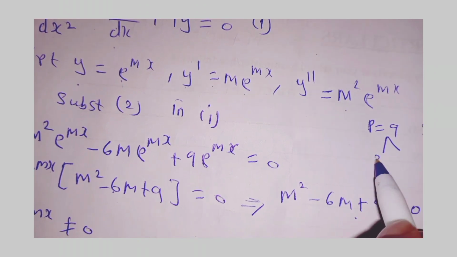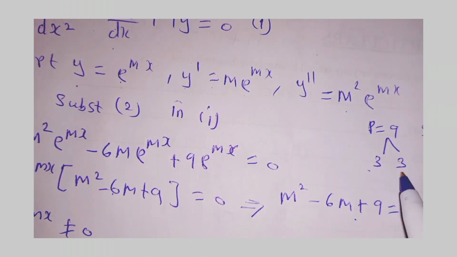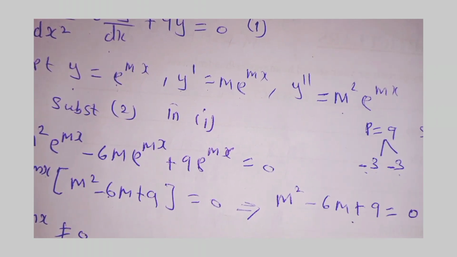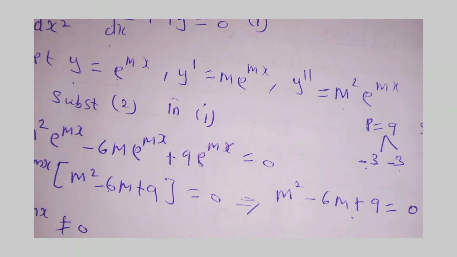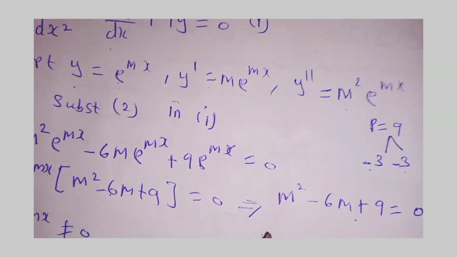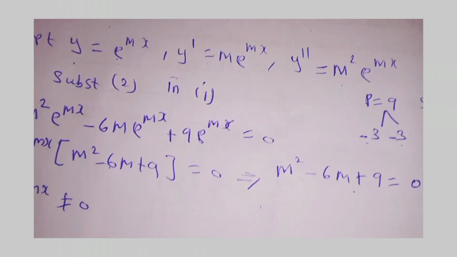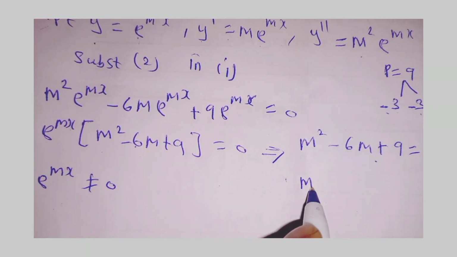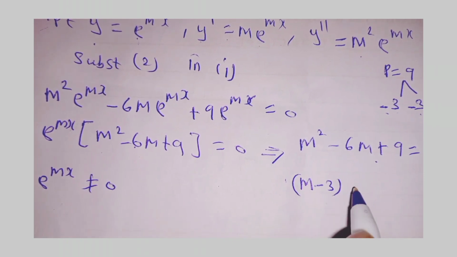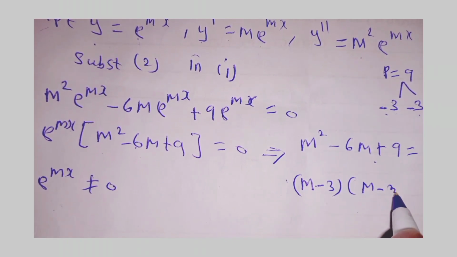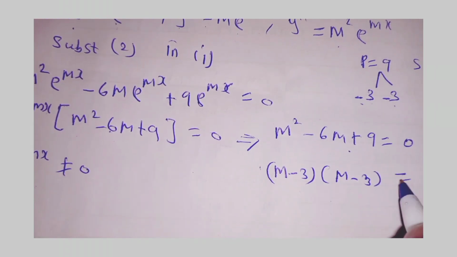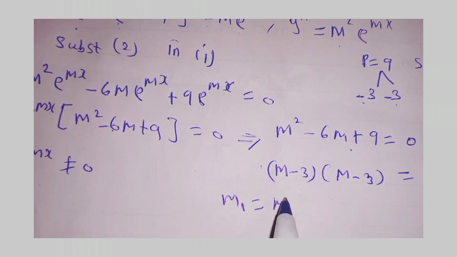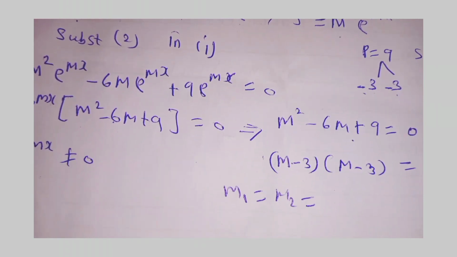Two numbers which when you multiply you will get 9 are 3 and 3, and when you add you get negative 6, they are negative 3 and negative 3. So when you factorize this quadratic equation, we shall obtain m minus 3 squared, which is equal to 0, meaning that our m1, which is equal to m2, is equal to 3.